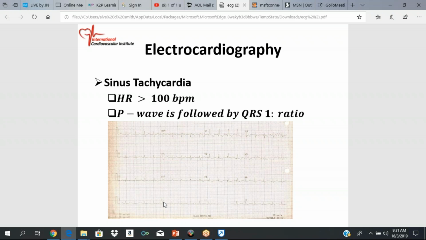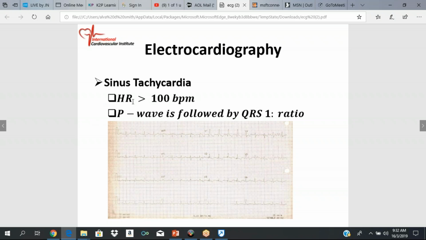If you want to be exact, then you take out your calculator and divide: 300 divided by 2.5 is equal to 120. So your heart rate is 120 beats per minute.